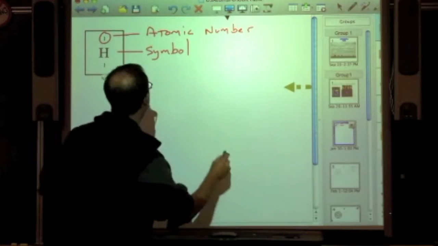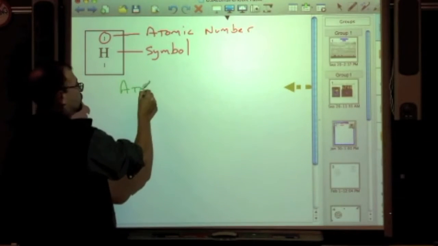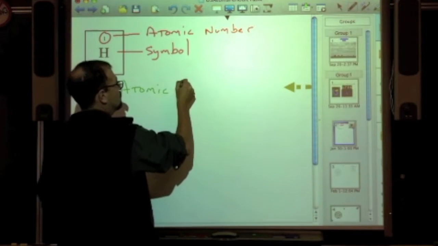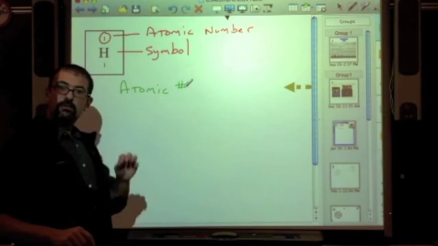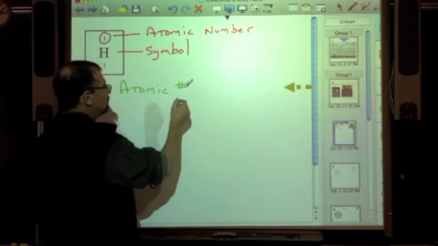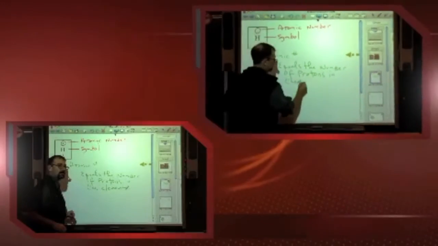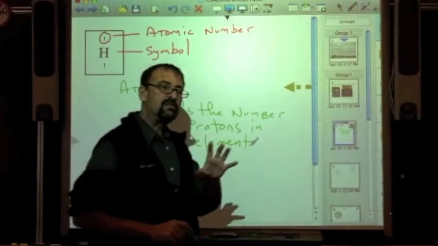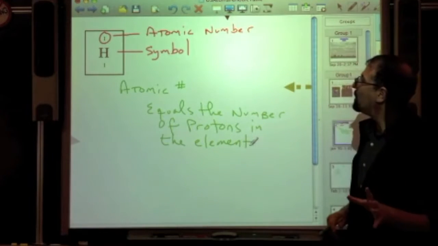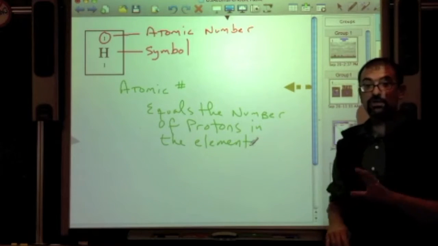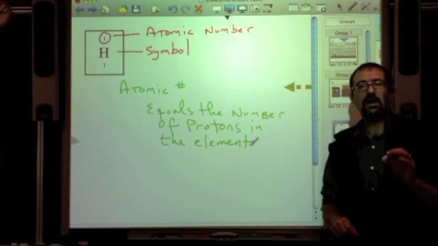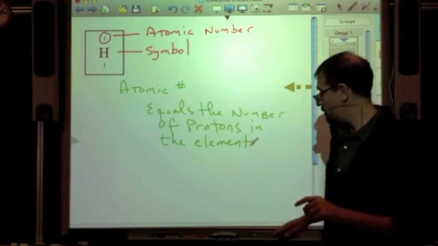Atomic number is equal to the number of protons. So based on this, we can say that the atomic number in hydrogen, 1, means that hydrogen has 1 proton.